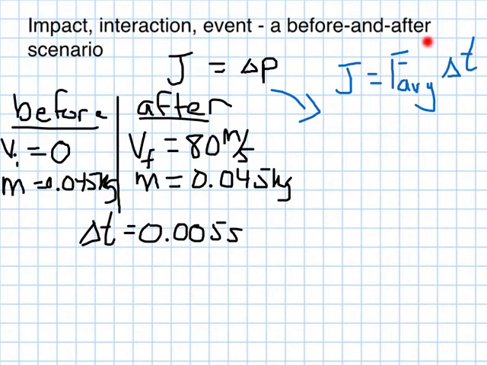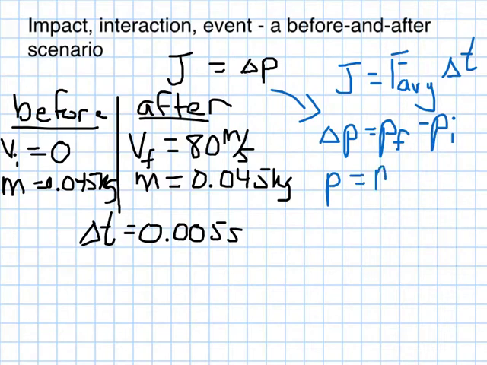Now the question asked us to solve for average force, so great, we've got that in our equation. And we know delta time, so this is all looking pretty good. Delta P, what does that mean? Well, it's the momentum final minus the momentum initial.